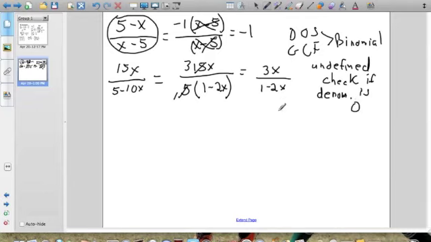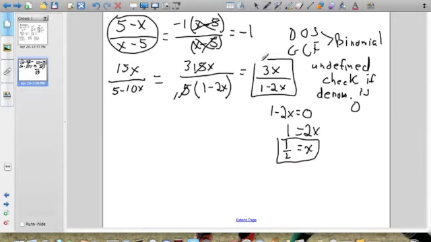So I take my denominator, my 1 minus 2x, and I set it equal to 0. In this case, I'm going to get 1 equal to 2x. When I divide by 2, x is equal to 1/2. So basically what we're saying, for this rational expression, x cannot be a half. If x is a half, then it is undefined.